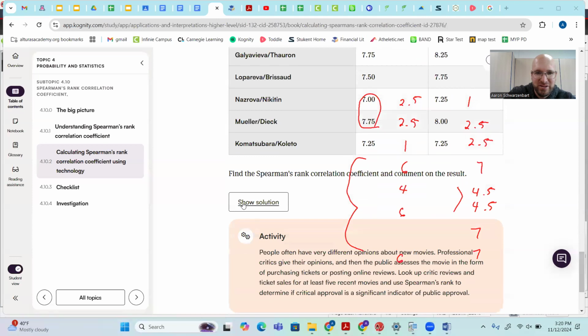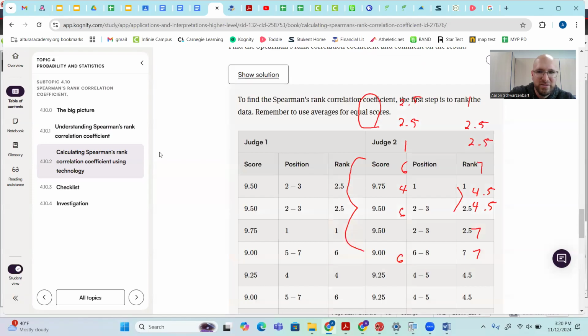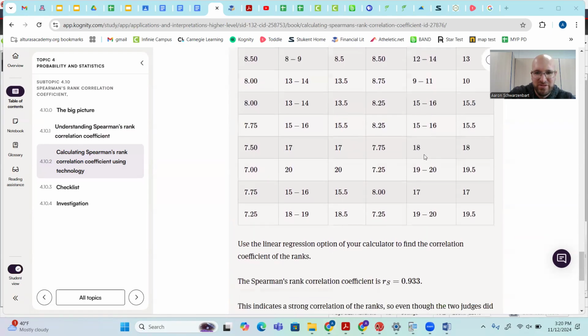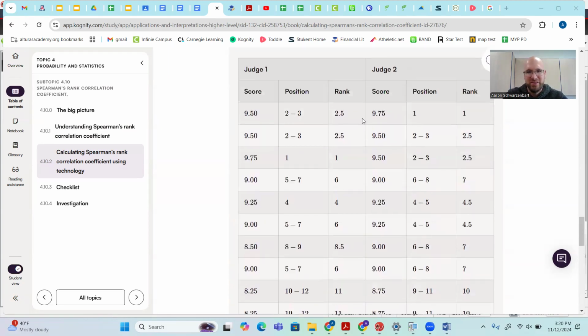So if I go down here, I can see they've ranked them all for me. Same approach I used. So now, if I want Spearman's rank correlation, I can put them into the calculator.